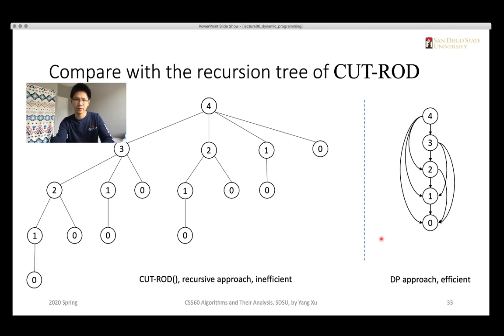Okay, so if you merge the two 2 nodes together, and you merge the four 1 nodes and all the zeros together, it will show you something like this.